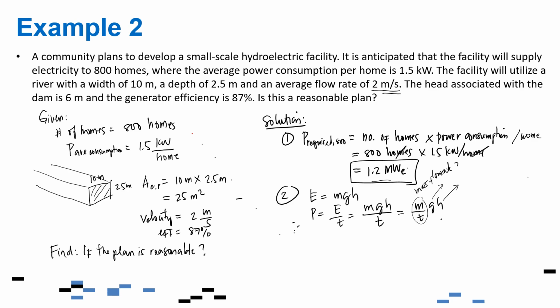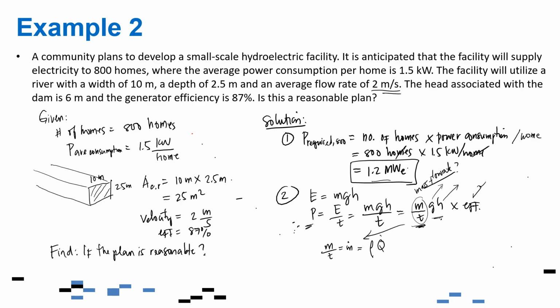So we don't know this one, right? But we are given these two already, and we can multiply this with the efficiency. In order to get power, the efficiency is given, and we need to know this. So what is this mass flow rate? Mass flow rate is m over t, which is normally written as m dot, and can be solved by density times volume flow rate.